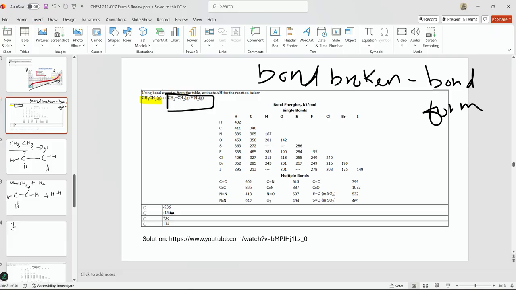Okay, so will we always get a positive answer? No, it depends on the question. If bonds broken is less than bonds formed, then it's going to be negative. Oh, okay. So when you do bonds broken minus bonds formed, whatever answer you get is the right answer if you did it right. It's not always going to be positive. Okay.